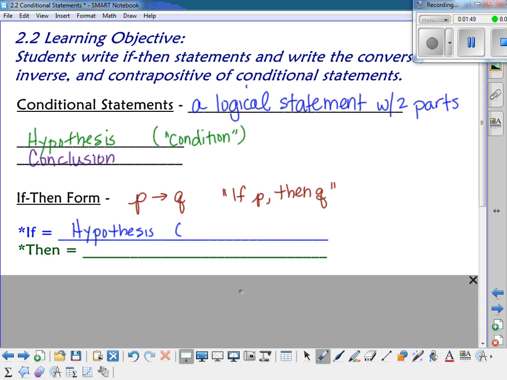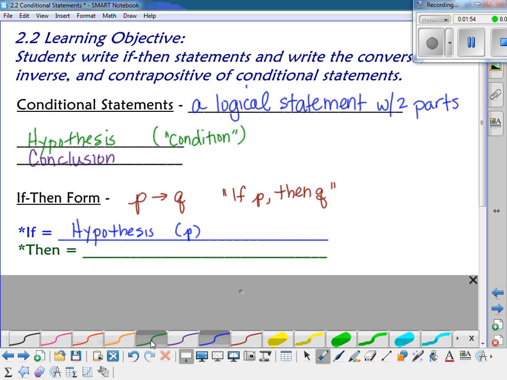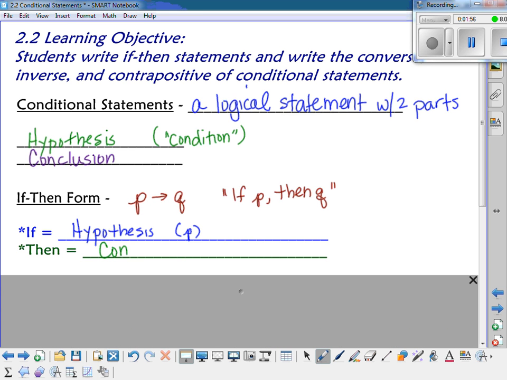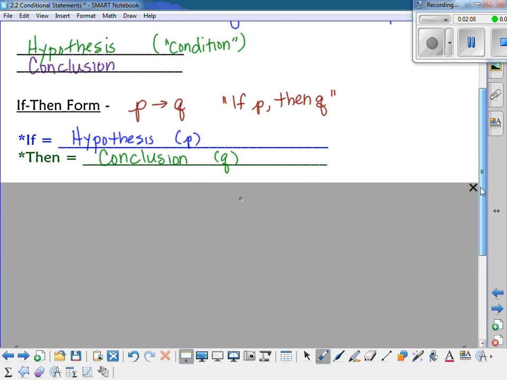And that's the part we're going to represent with the letter P. And the then part is the conclusion, which we'll represent with the letter Q. So if is the hypothesis, then it's the conclusion.